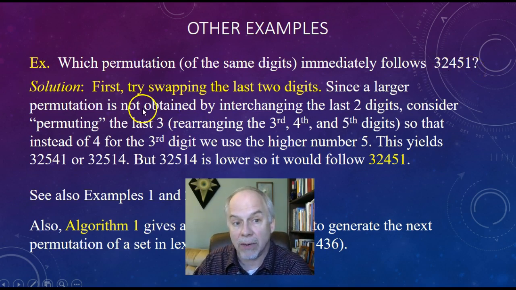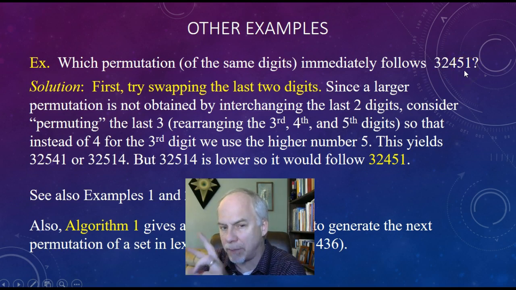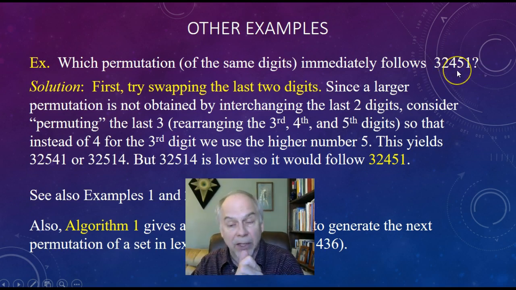Okay. Now, here's the key how to do this. First, try swapping the last two digits. Now, 3, 2, 4, 5, 1. If I swap those last two digits, it'd be 3, 2, 4, 1, 5. Now, would that be greater than 3, 2, 4, 5, 1? No, it wouldn't.